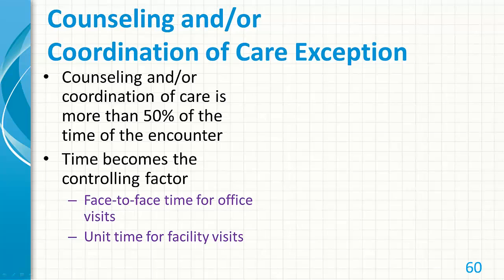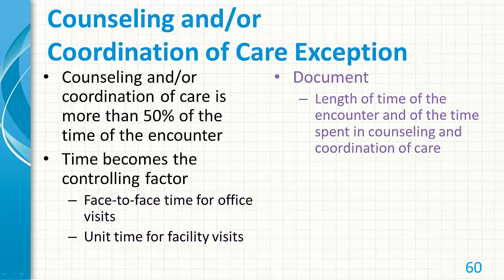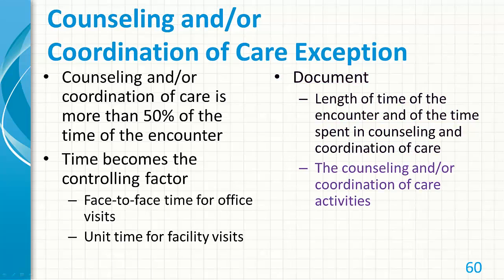The total time for a facility visit is the time spent on the unit or floor while engaged in activities for care of the patient, including care face-to-face with patient and/or family, discussions with staff members, phone calls related to the patient, and charting. Document total time for the visit, time for counseling and/or coordination of care, and the counseling and/or coordination of care activities.